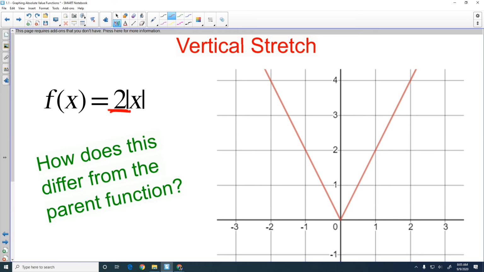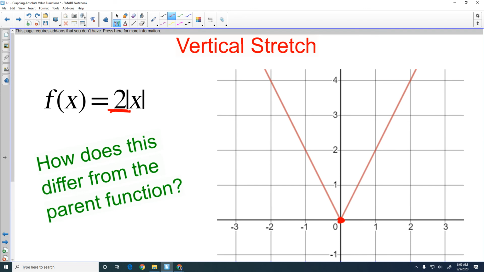Now that graph doesn't look too different. It's still a letter V, opens upwards, and I can see the vertex is at the origin at 0, 0. So did it change at all by multiplying by a 2 in front? Did that change the graph at all?